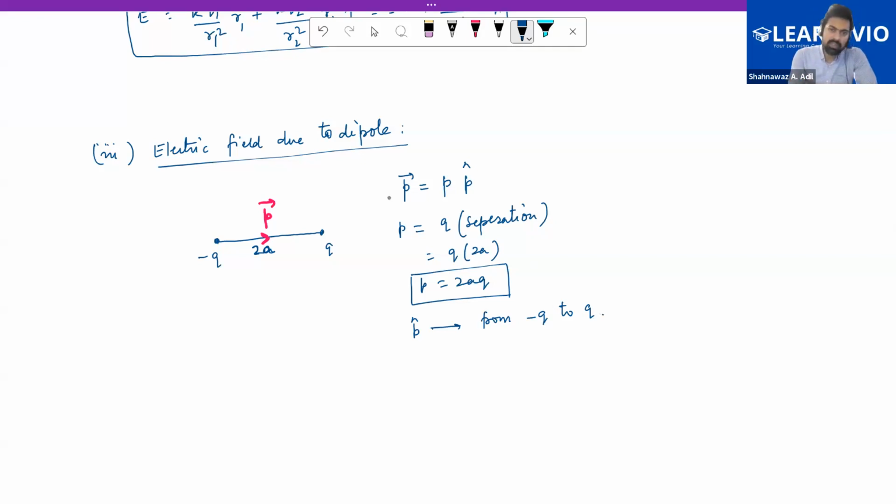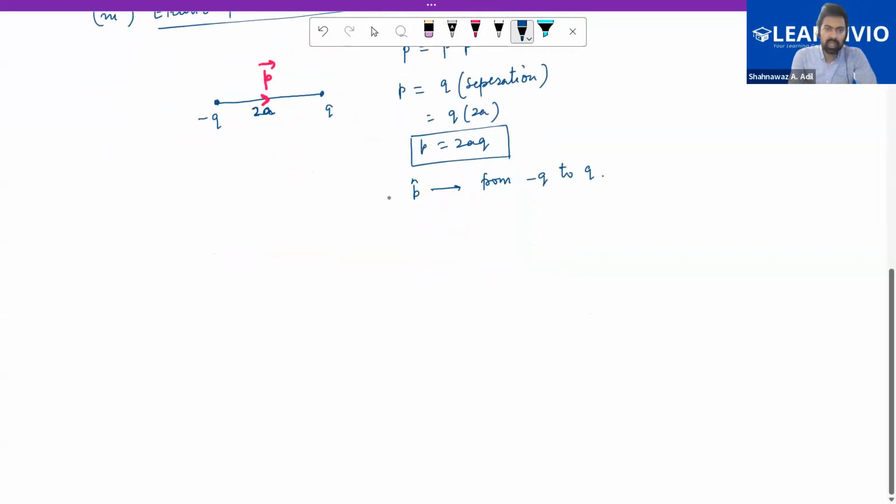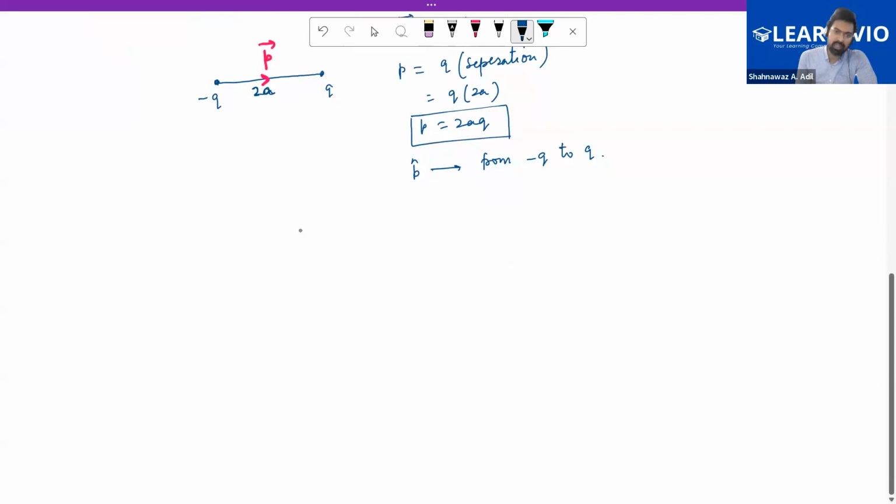So now what is the electric field due to that, right? We have this electric dipole. This is minus Q, this is Q. So this would be the direction of the dipole. There would be two choices of points.